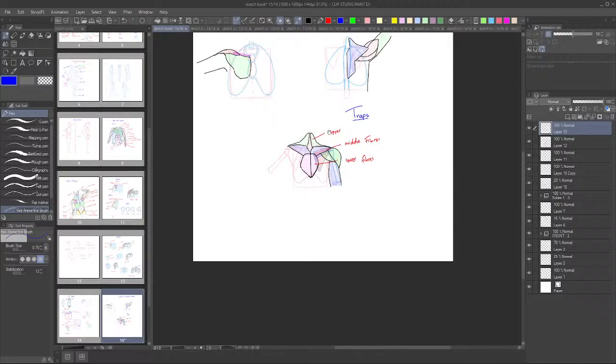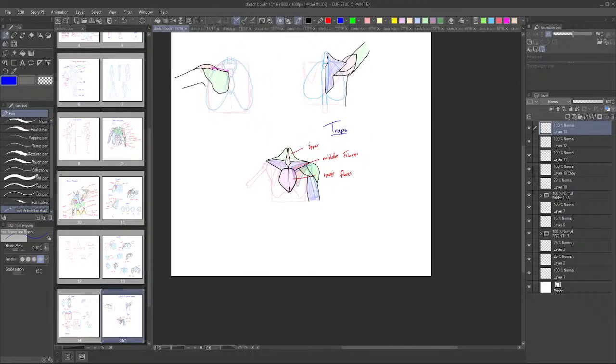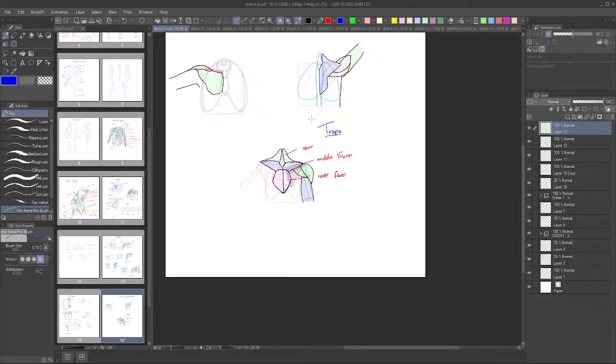Right now we're just focusing on the trapezius, the traps. Okay. So the trapezius usually goes up to the skull, okay? Something you should note. Okay.